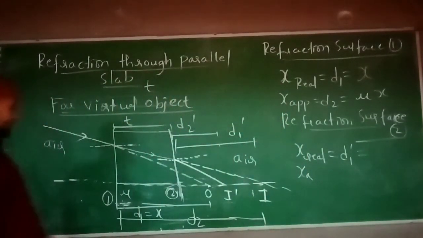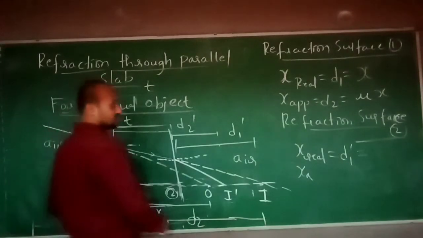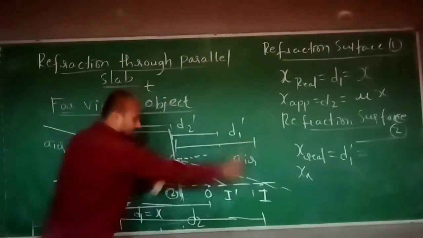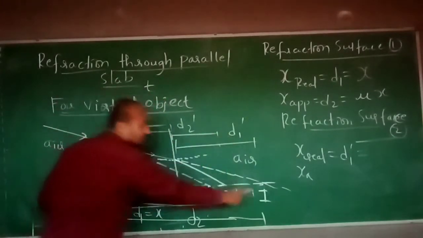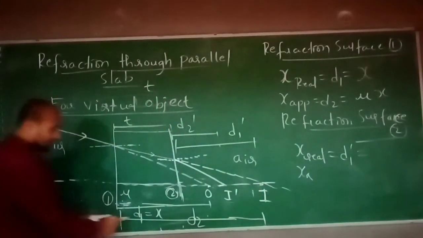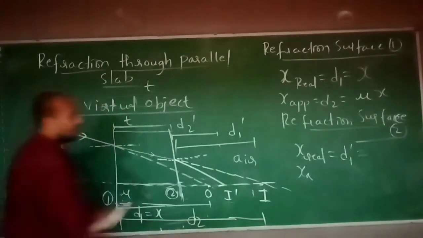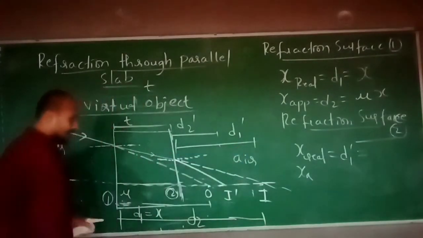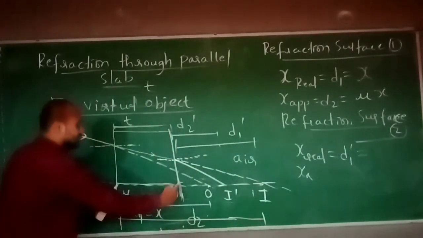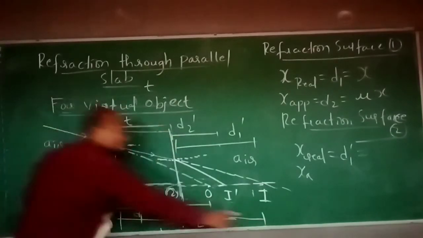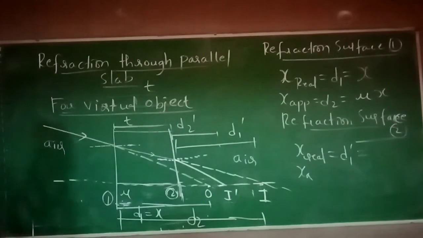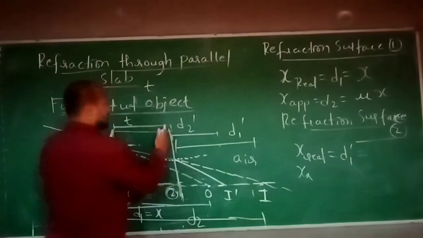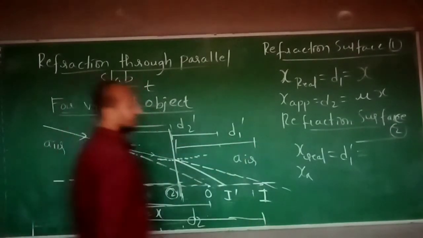See, d1 dash can be written as follows: from here to the second surface is d1 dash, and from I1 to the first surface is d2. So d1 dash can be written as d2 minus t. Correct now? d2 minus t will give you d1 dash.